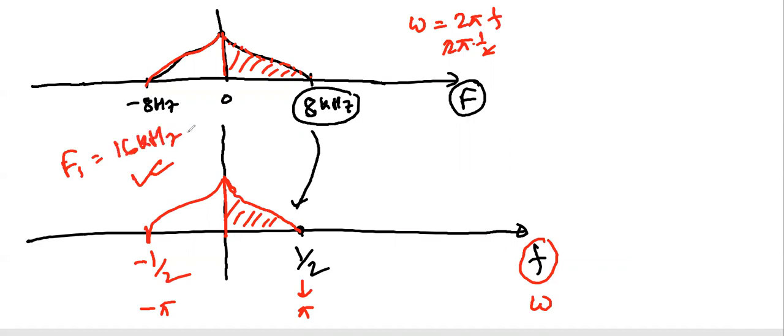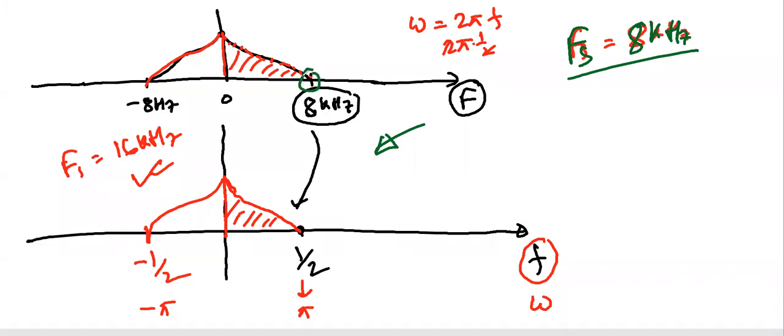Now let me choose the sampling frequency equal to 8 kilohertz. Let me take another color, sampling frequency 8 kilohertz. We want to draw the same diagram with respect to sampling frequency 8 kilohertz. Can you let me know where these 8 kilohertz should be placed with respect to small f?